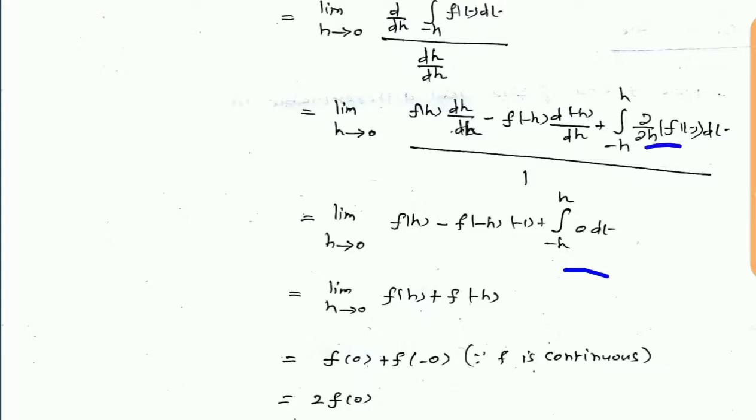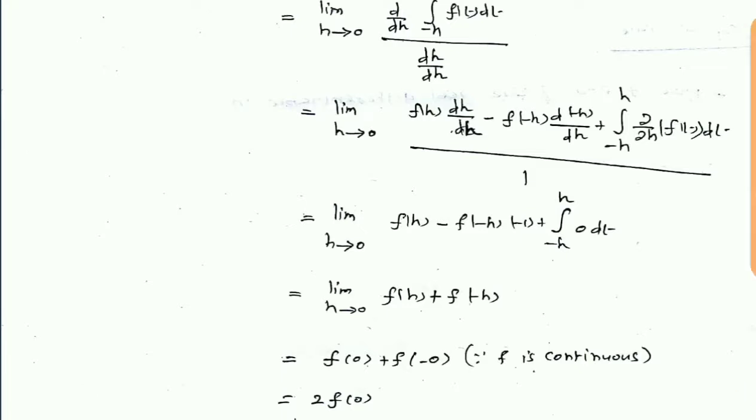If I differentiate f(t) with respect to h, it will become 0 because this is a function of t alone. So once I integrate the 0 function, this integral value is 0.